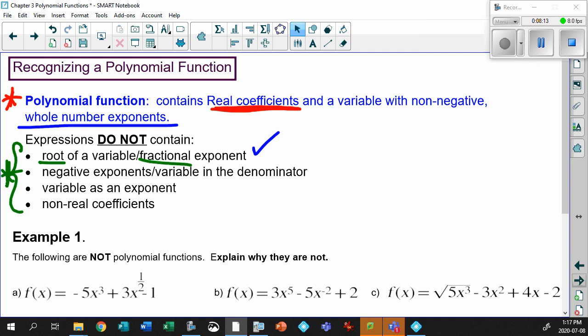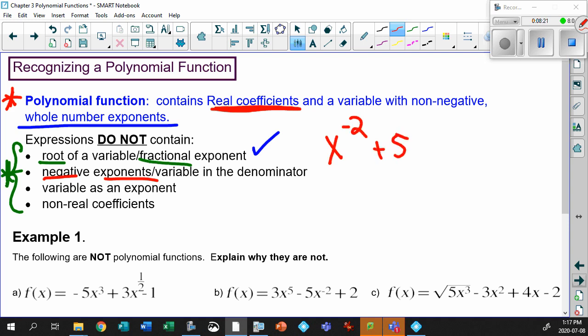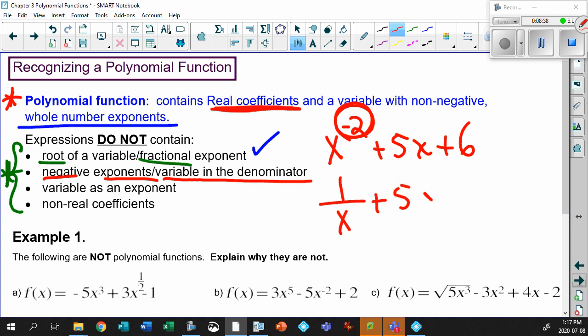Next one. You can't have a negative exponent either. So if I gave you something like x to the -2 plus 5x plus 6, this kind of looks like a polynomial, but the fact that you've got a negative exponent means no, you can't do this. Also, variables can't be in the denominator. So I can't give you something like 1 over x plus 5x plus 6.